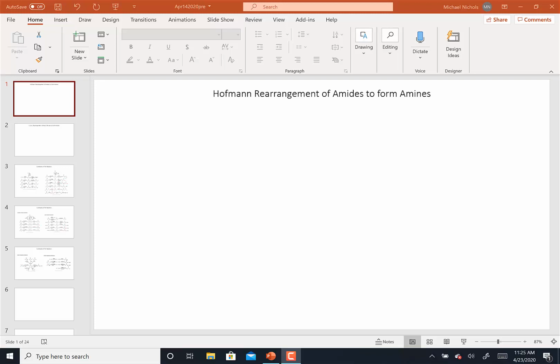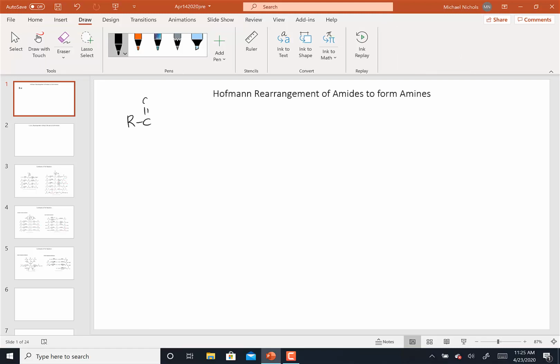So in the Hofmann rearrangement, what you have is you're going to take the amide, and it's got to be an amide with an NH2 group on the end of it. We're going to treat this with something like bromine, sodium hydroxide, and water, and that's going to basically cause the loss of this carbonyl group to then form simply the primary amine, and we're going to end up forming CO2 in this reaction.